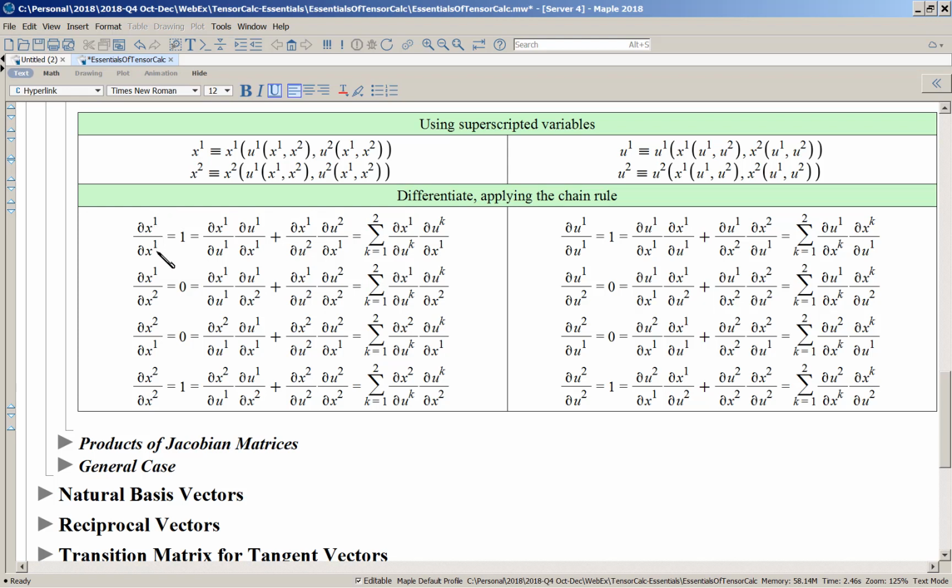The x1, dx1. You get 1. And you apply the chain rule. dx1, du1, du1, dx1. And then you have du1, du2, du2, dx1. Now notice what happens here. 1 here, 1 here, 2 here, 2 here.